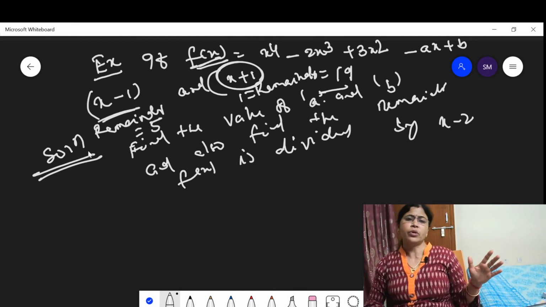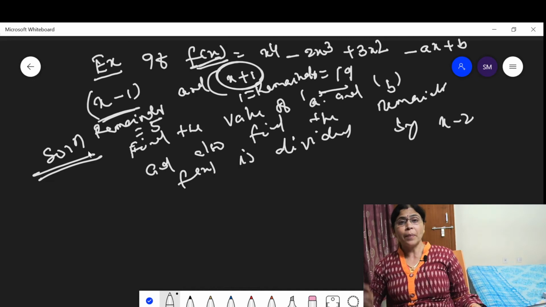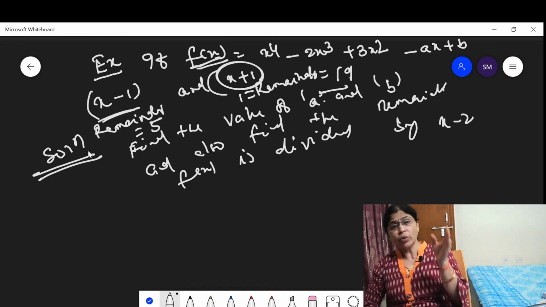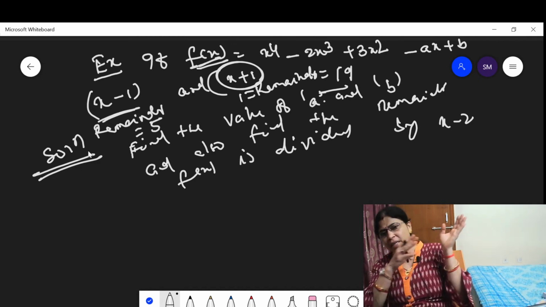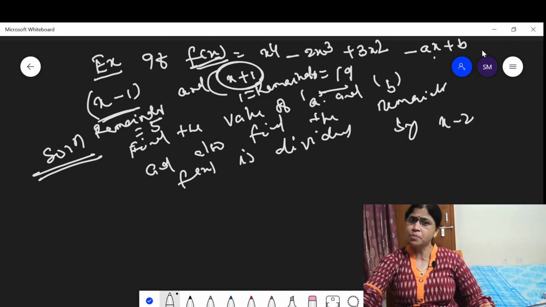At first students try to understand the question, what is given and what the question asks to find out. Here f(x) is x to the power 4, and it is very important when you do the division to always keep the degree of the polynomial in descending order. Here f(x) is x fourth minus 2x cube plus 3x square minus ax plus b.